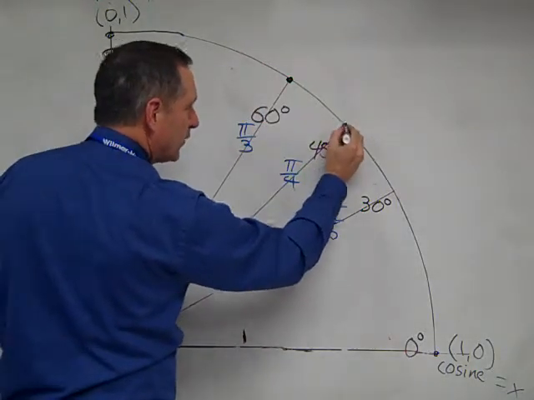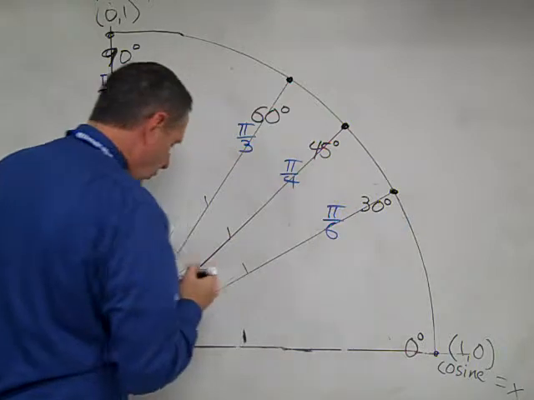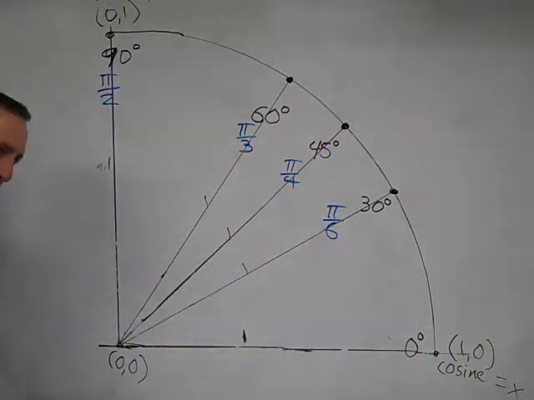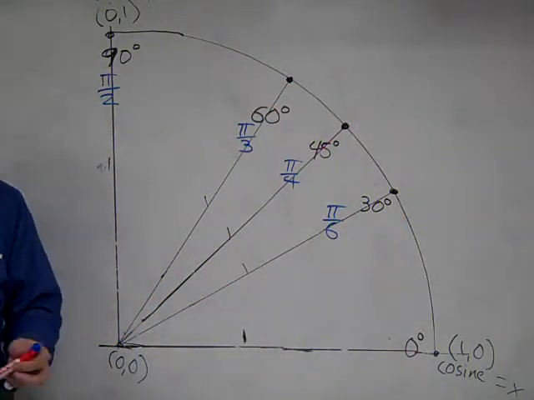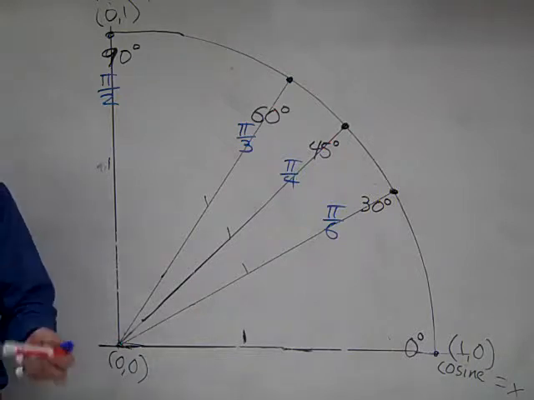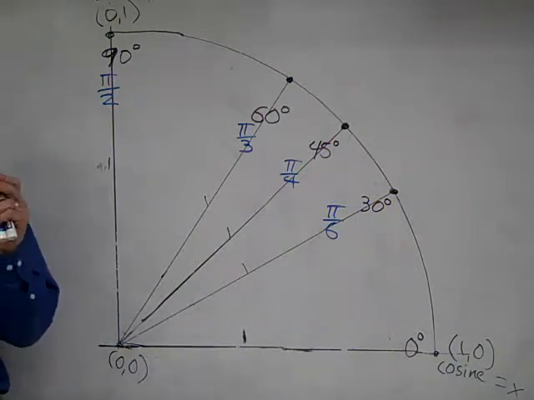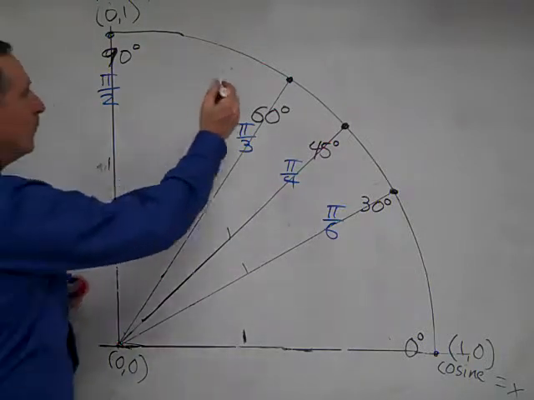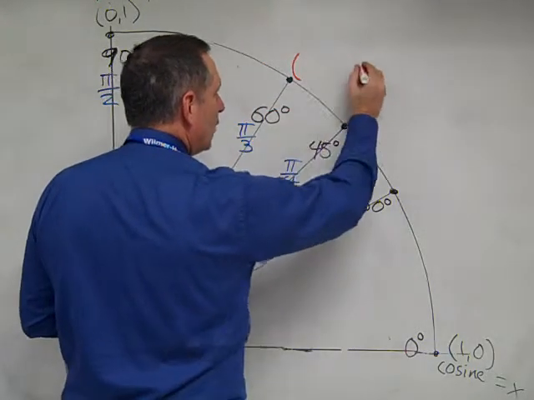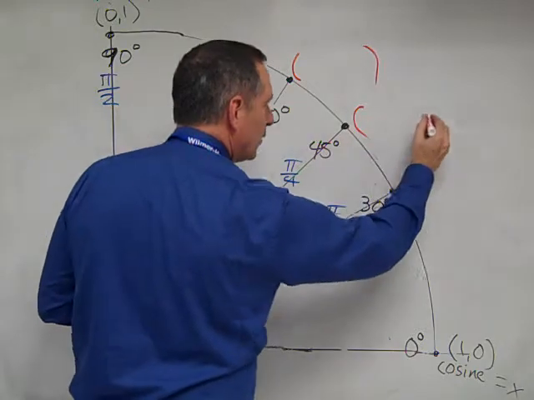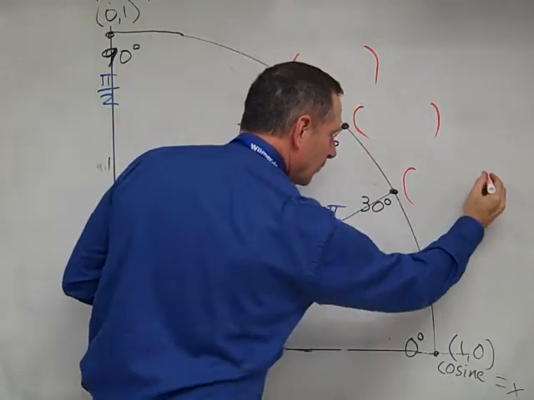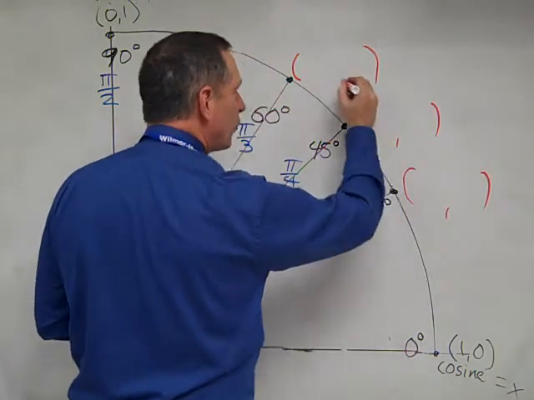Now let's go to these points. We don't have to remember a lot in math and in algebra, but the few things we have to remember, we have to understand and remember very well. And this is one of those things. We're going to find the coordinates for these, and we can develop them from special right triangles.